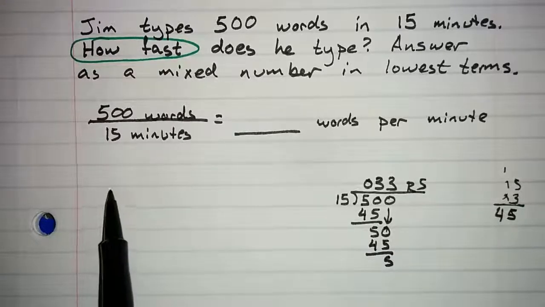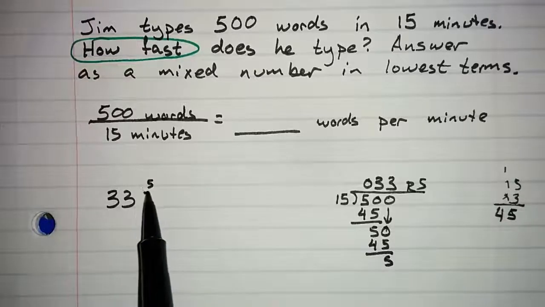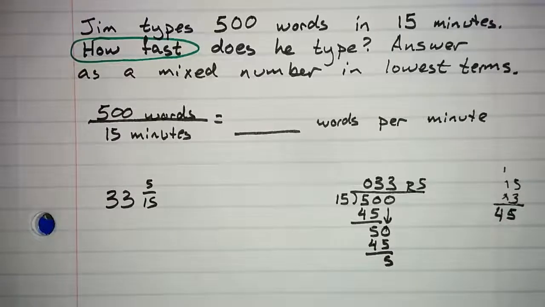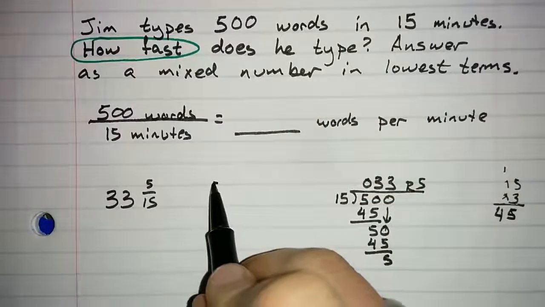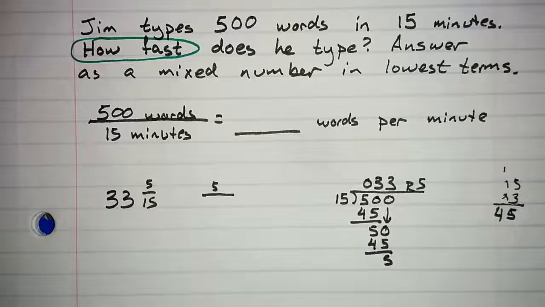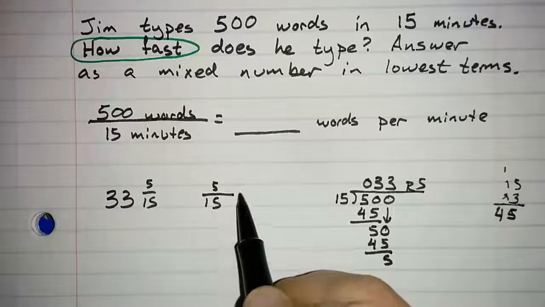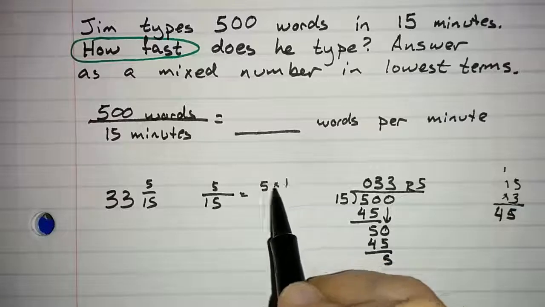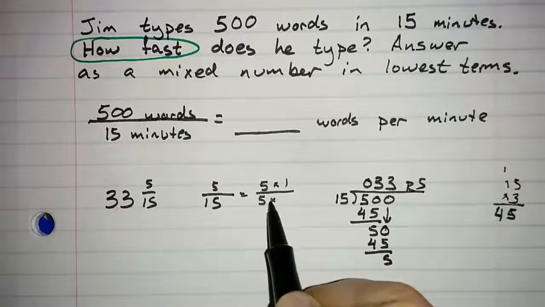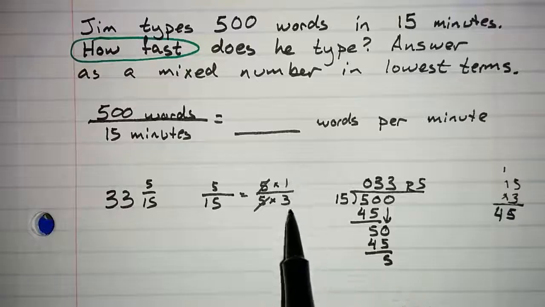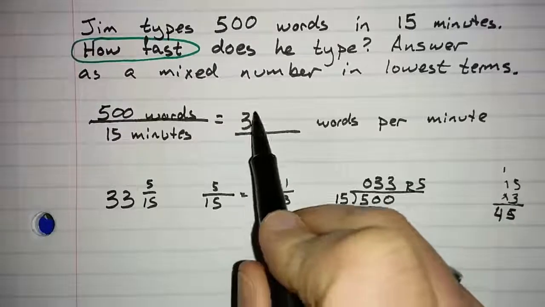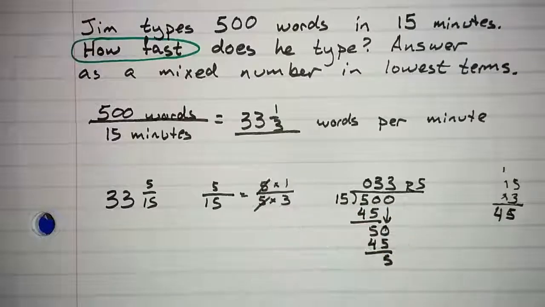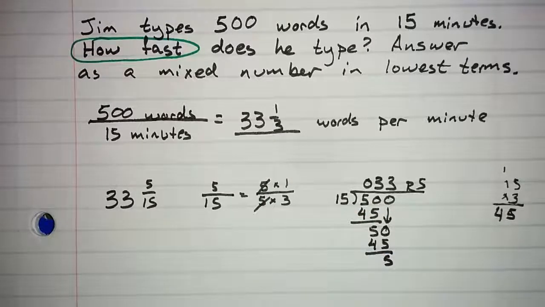So we get 33 and 5/15. We'd like to put that in lowest terms because the instructions tell us to. I think these have a common factor of 5, right? We've got 5 times 1 over 5 times 3. So my fraction part will simplify down to 1/3. 33 and 1/3 words per minute is how fast Jim types.